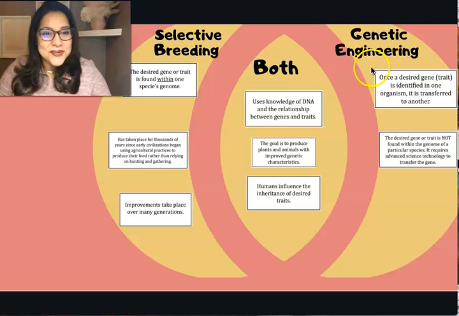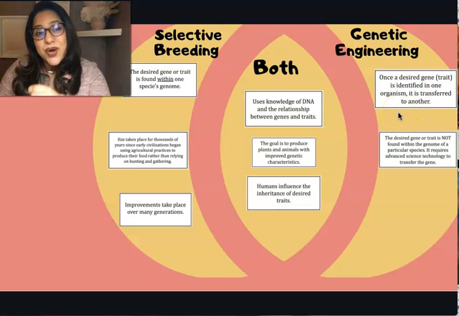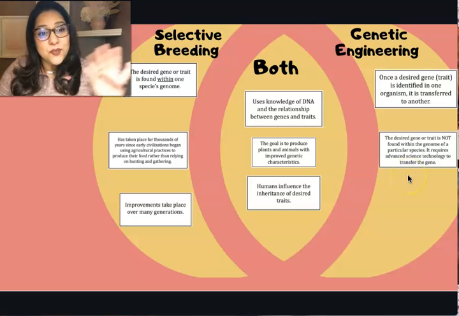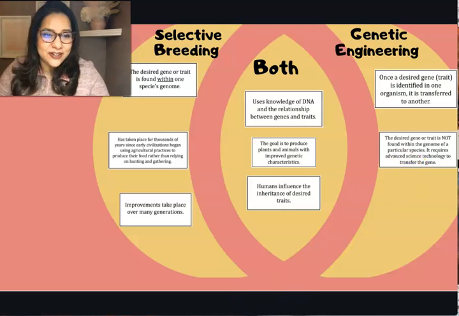On the genetic engineering side, we have that the desired trait or gene is actually identified in one organism and then transferred to another. So the desired gene or trait is not found within the genome of that particular species. And so that's why it requires advanced technology and a transfer of a gene from one organism to another.